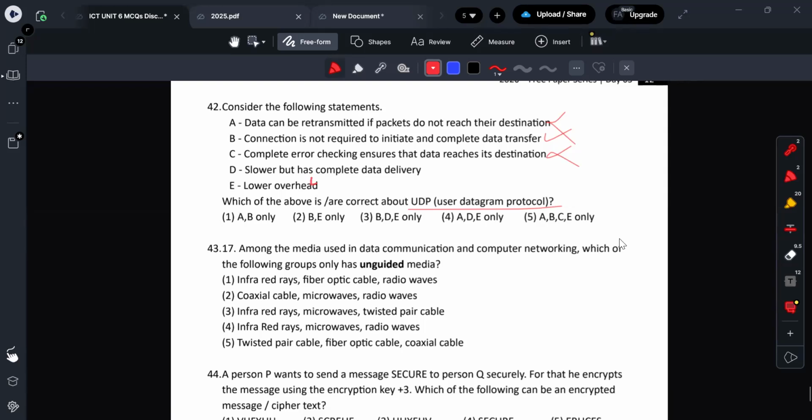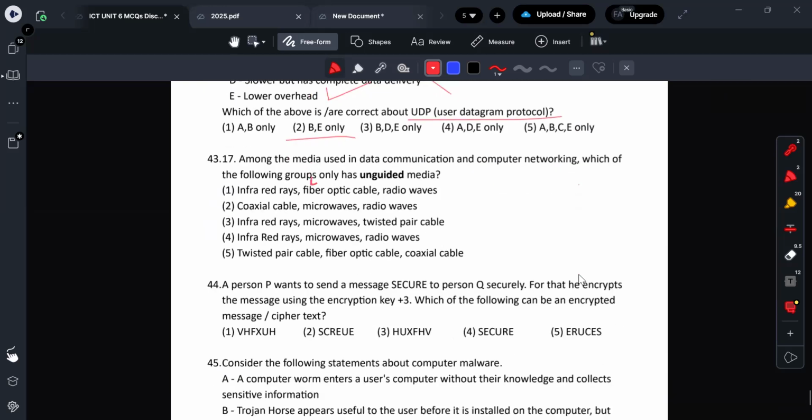UDP is usually faster. Lower overhead. It is correct because it lacks the complete error recovery features that only TCP has, and that's why UDP has lower overhead than TCP. So the answer is B and D only. Got it now? So remember, it is connectionless, fast, not reliable, and no retransmission occurs.